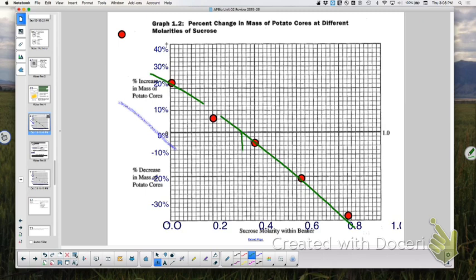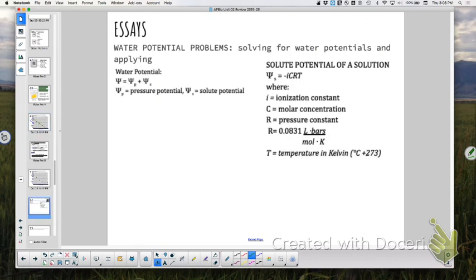And when I go straight down here, I am then inferring from my data that at 0.3, let's say, molar, it would neither gain nor lose weight. Okay? And once you do that, then you can use this equation right here.